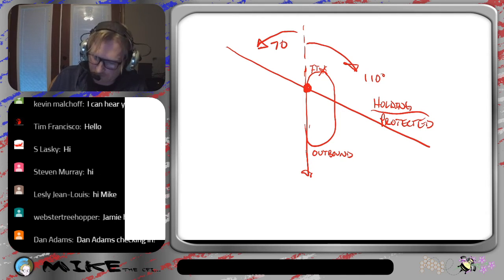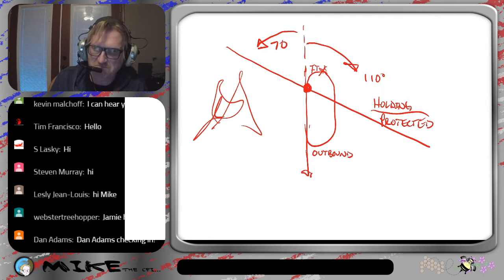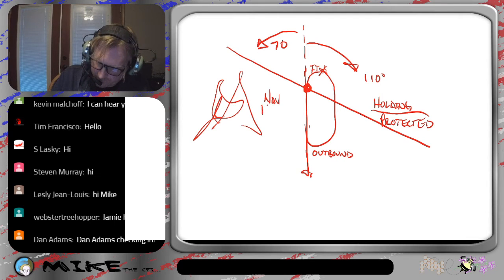Protected from what? Protected from hitting that big mountain right over there. So this side here is called the non-holding side, or the unprotected side.